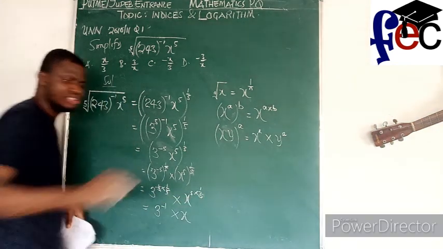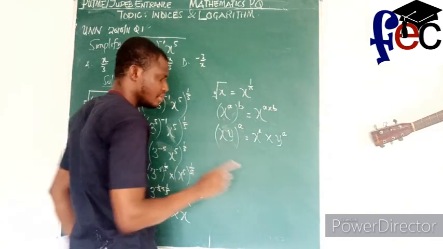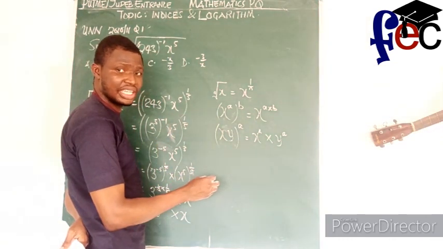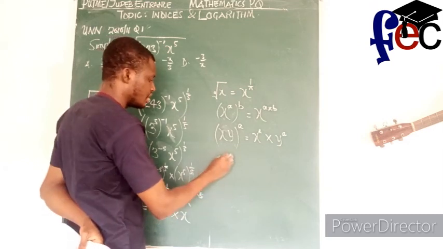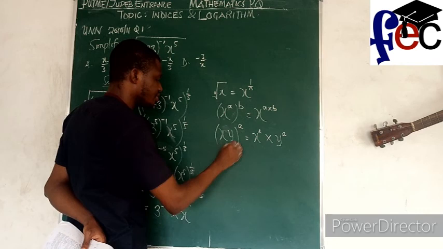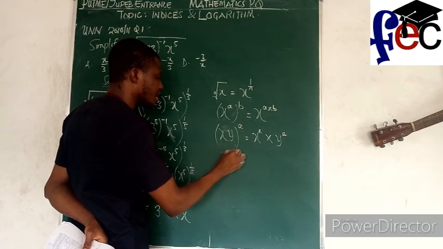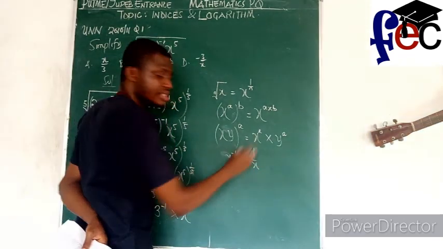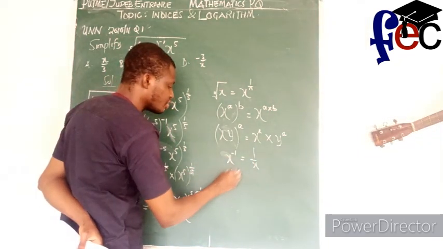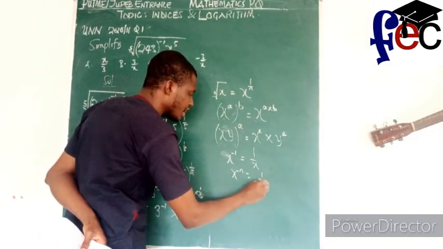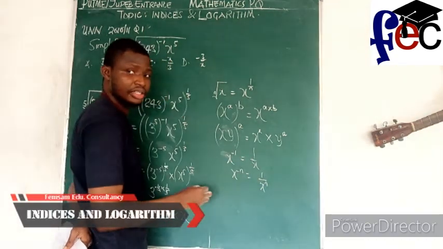Then times this will give me x. Then you remember that there's another rule where the index is a negative value: x raised to power minus 1 gives us 1 over x. And where you have x raised to power minus n, this gives us 1 over x raised to power n. You can remember.